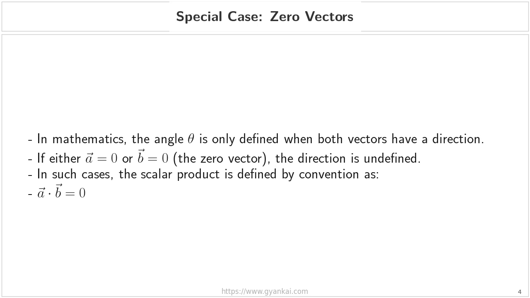To keep our mathematics consistent and avoid any errors in calculation, we follow a mathematical convention. In these specific cases, where at least one of the vectors is a zero vector, we simply define the scalar product of vector A dot vector B as being equal to 0. This ensures that our operations remain smooth even when dealing with the zero vector.